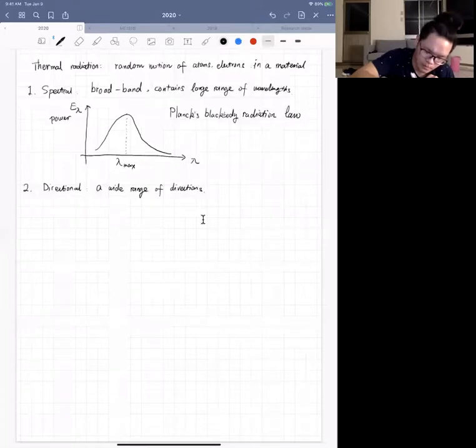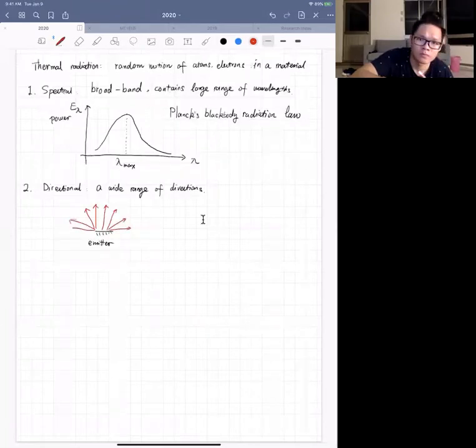If you have a small emitter, you would expect the thermal radiation to go in all directions, because this is really a random motion of atoms. You can control the directionality a little bit with the material properties, which we will discuss later, but in general it's pretty hard, again because of the randomness. The directionality of thermal radiation is described by the so-called Lambert's law, which we will probably talk about next week. This is kind of a preview.